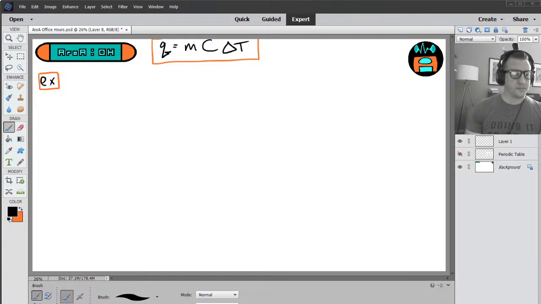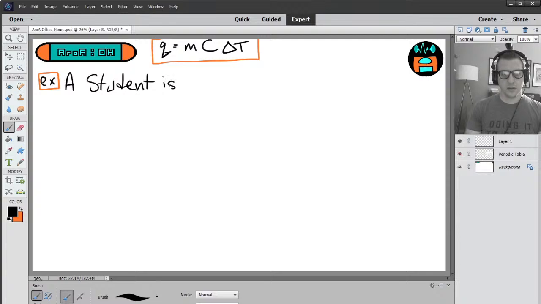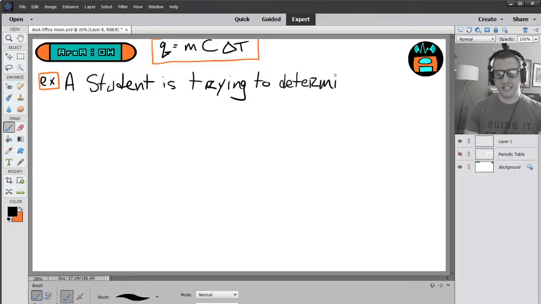All right. So a student is trying to determine the identity of an unknown metal.